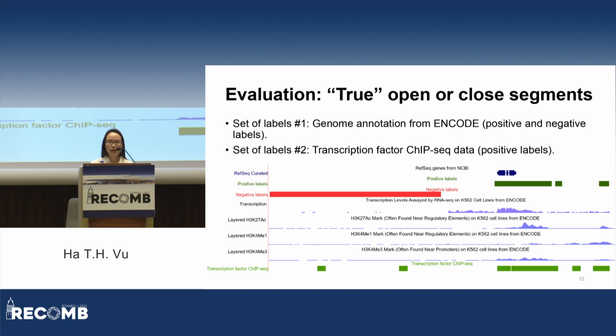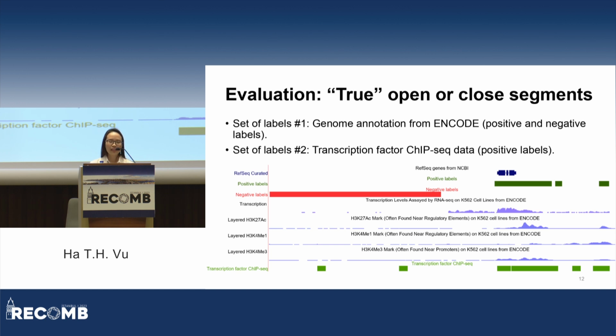On the screen, I'm showing an example of what positive and negative labels look like. The positive labels often correspond to active transcription start sites or regulatory elements marked by histone modification ChIP-seq data, and they can be open so that transcription factors can come in and regulate genes.